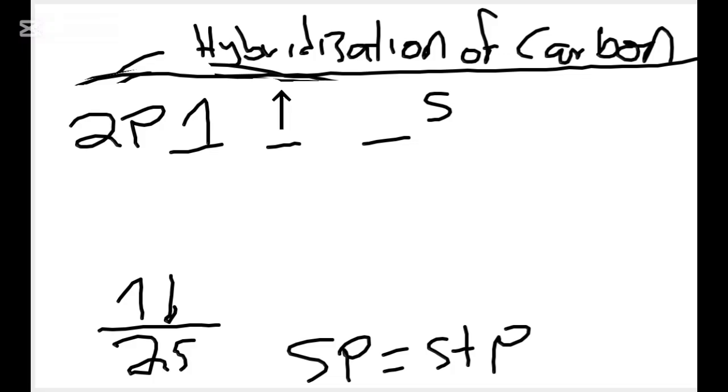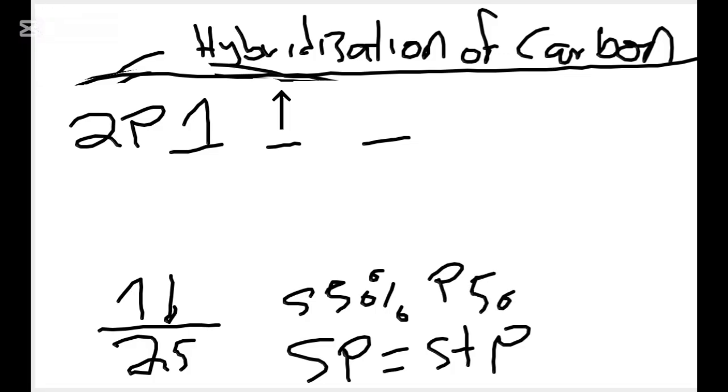the s orbital will now carry 50%, and the p orbital will also carry 50%. So therefore the sp hybrid orbital should be right in between the s orbital and the p orbital.